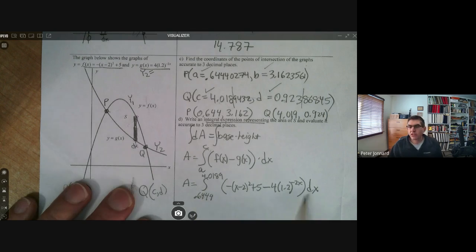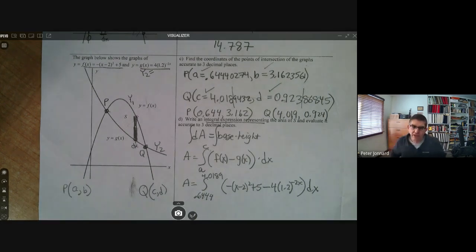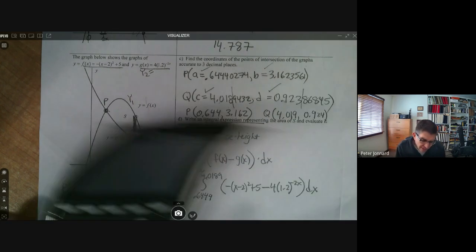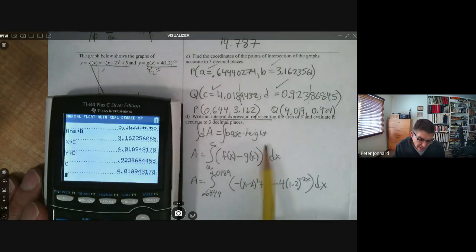So this is typically what a person would write on their paper on an AP test or whatever. It's a lot of writing, and it's a real pain to enter that into a calculator. So I'd recommend you get accustomed to managing things like this.